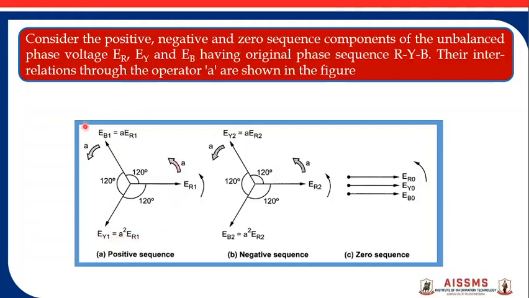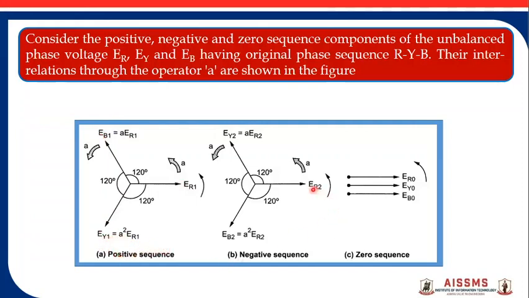So ER1, EB1, and EY1 are called the positive sequence components.